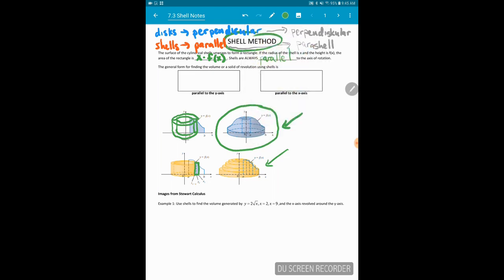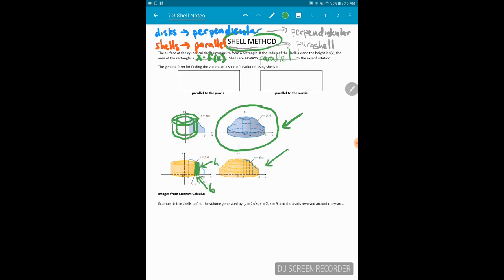Okay, so the general form for finding the volume of this, remember we are doing cylindrical shells as we're going along, so we're basically taking this rectangle that we have here and we're rotating it. So if we're rotating a rectangle all the way around, we're going to treat it like we have a base and a height.